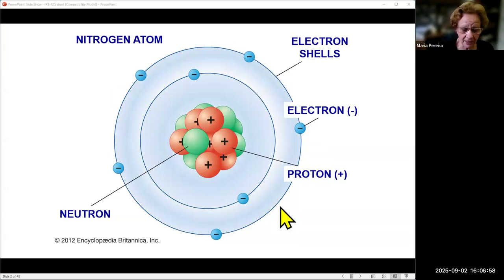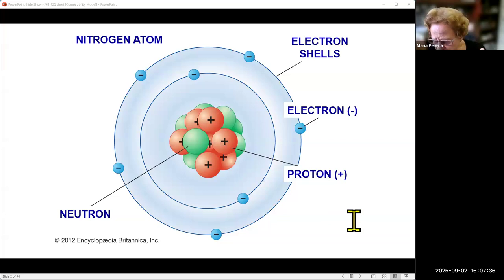Because it contains 7 electrons that are negatively charged and 7 protons that are positively charged. So atoms that are neutral cannot form molecules because the atoms cannot attract each other. But there are certain atoms that become ions. When they become ions, they become ionized, and we will discuss this a little bit later. That means that the number of electrons and the number of protons is different.